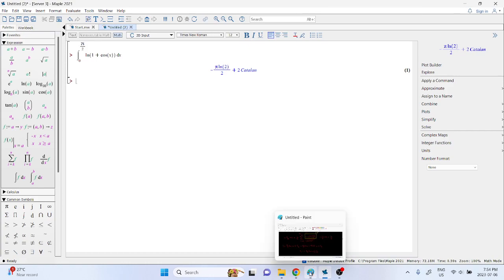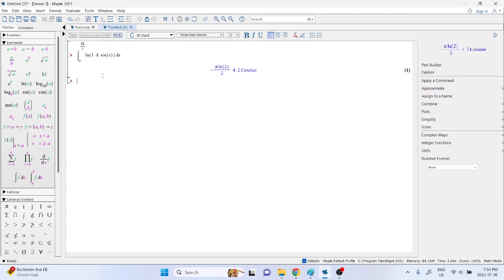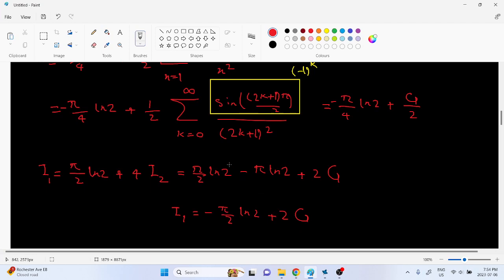The integral from 0 to pi by 2 of, that's actually 1 plus sine of x, but they're actually the same. That was also nice to know. And the answer is 2 Catalan minus pi half of ln of 2.